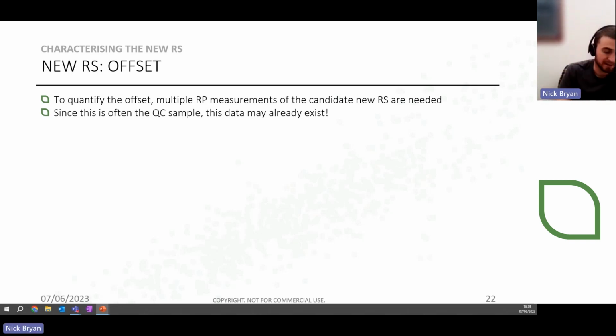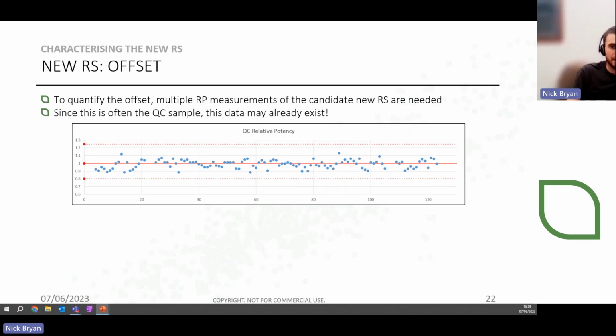If we have this two-tiered reference standard approach, then we might use our QC sample as the new reference, and we're always going to be collecting data about that next working standard. So we get all this data from our QC sample, and these are our relative potency values. We have 114 values here for our new reference batch, and based on all of this information, this is a great amount of historical data.